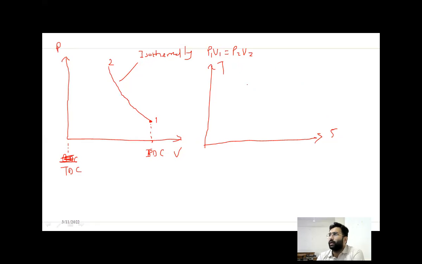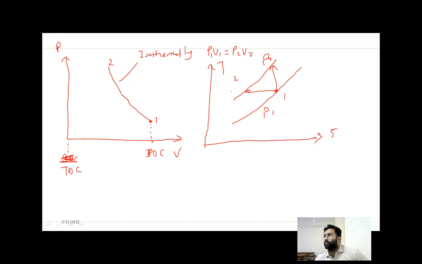Let us say there are 2 pressures we are dealing with, P1 and P2, and this is our point 1. While going from pressure P1 to P2, if the temperature remains constant, the line will be horizontal. A horizontal line indicates constant temperature. If the entropy is constant, the line will be vertical.